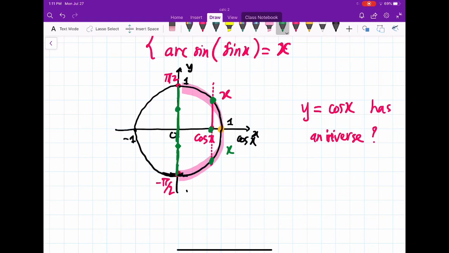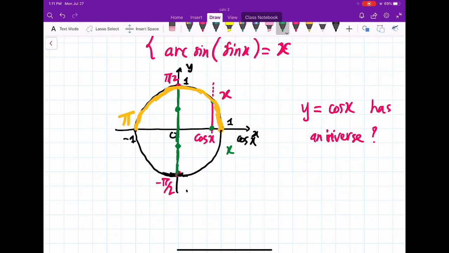So there's no way. That means we need to change. We don't need to choose that interval, right? I have to choose another one such that, for each value of cosine, you have only one value of x. So that is the one we need. You need to consider from 0 to this. That means from 0 to pi.